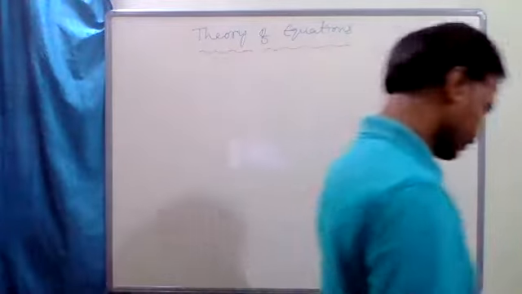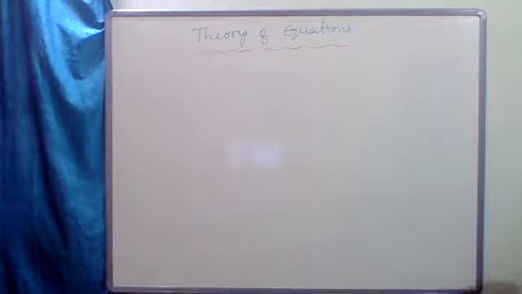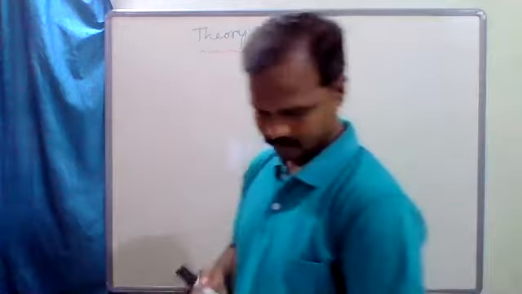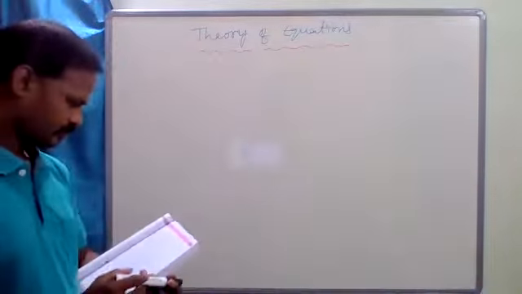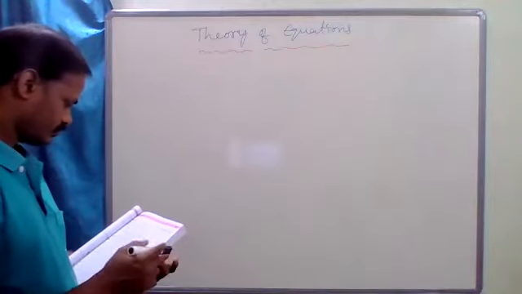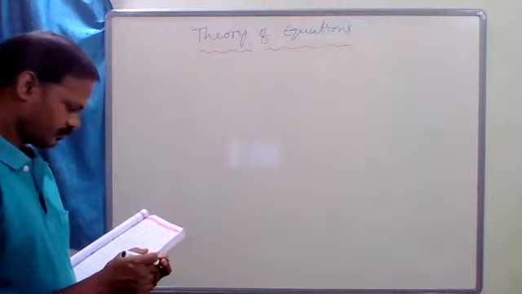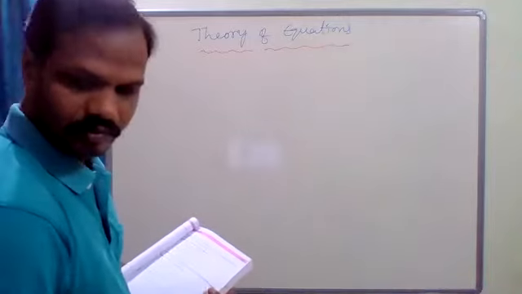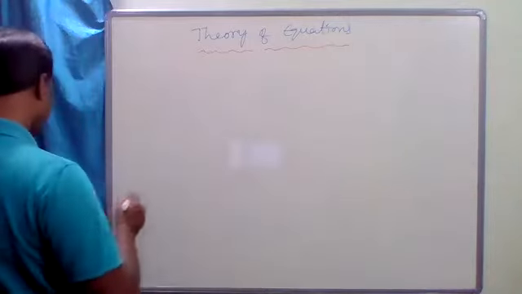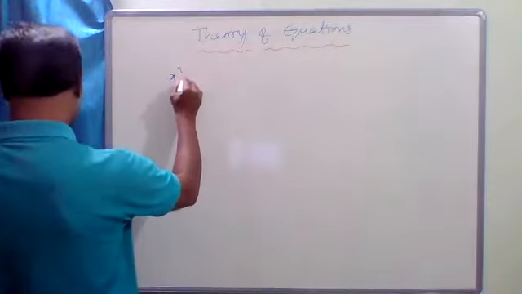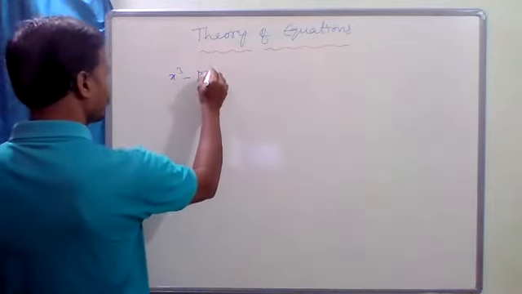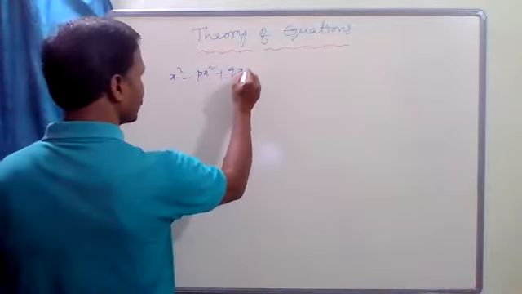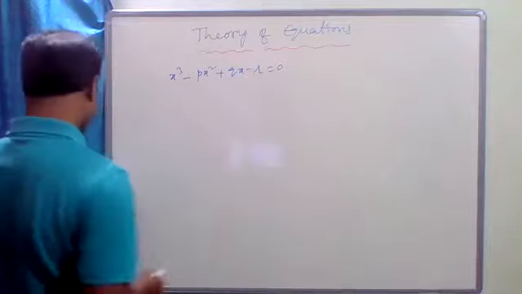Okay. Next problem. X cube minus px square plus qx minus r equal to 0.